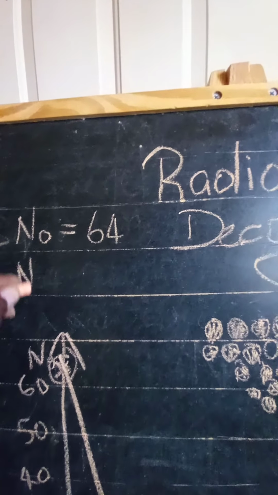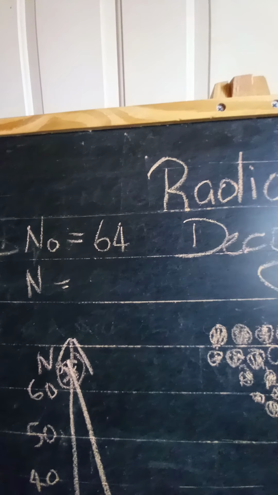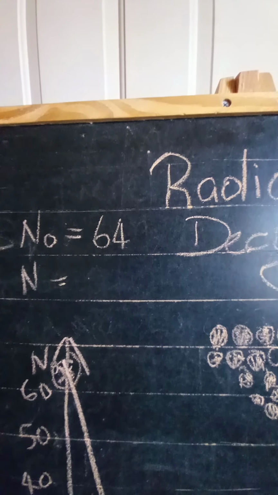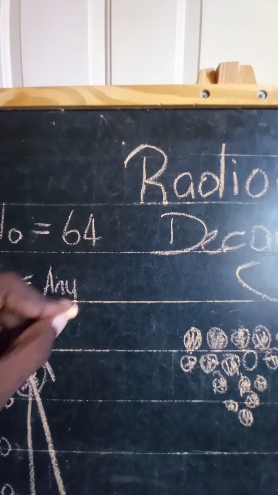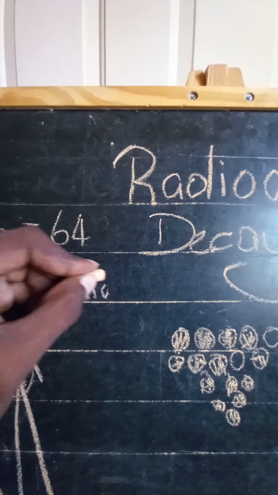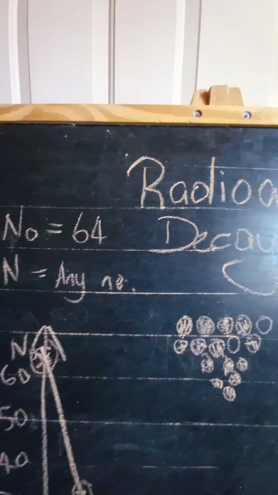Let n be the number of substance we have after, say, each half-life. So n can be any number of substance remaining.